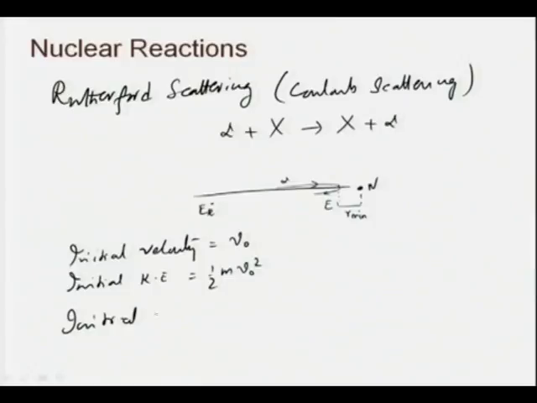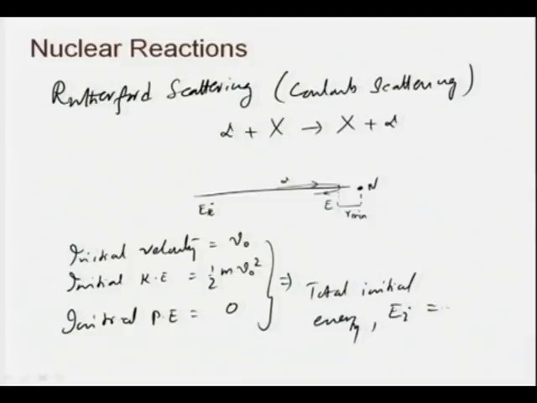The initial potential energy, since it is far away from the target nucleus to start with, is equal to 0. So the total initial energy E_I is half m V_0 square, only the kinetic energy.